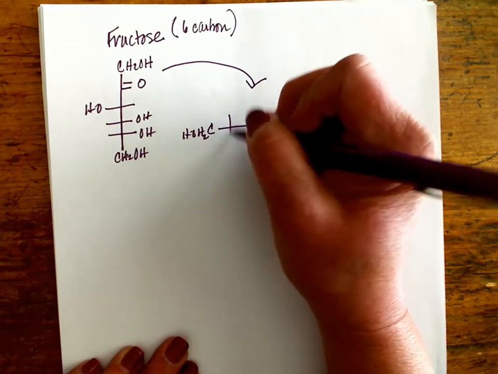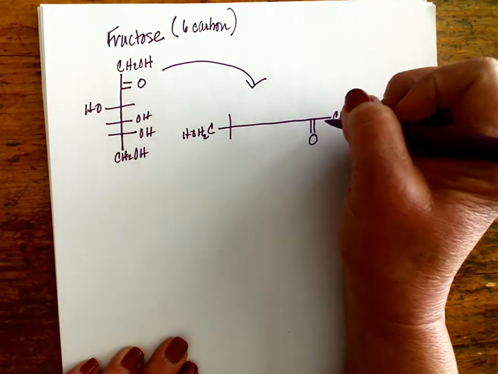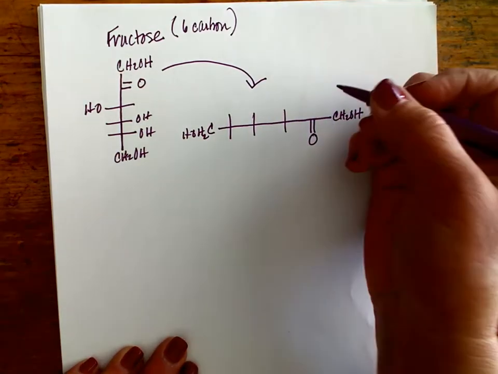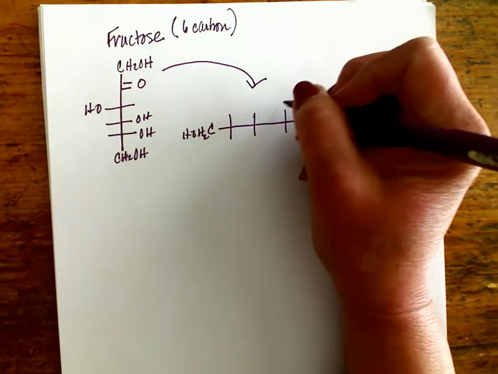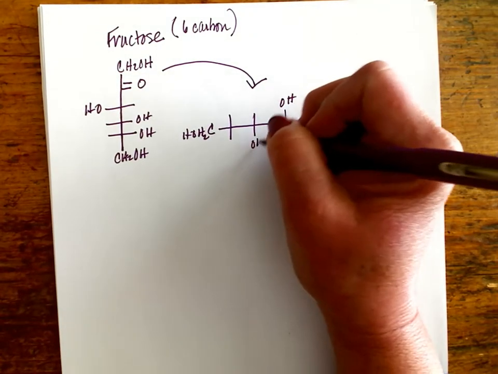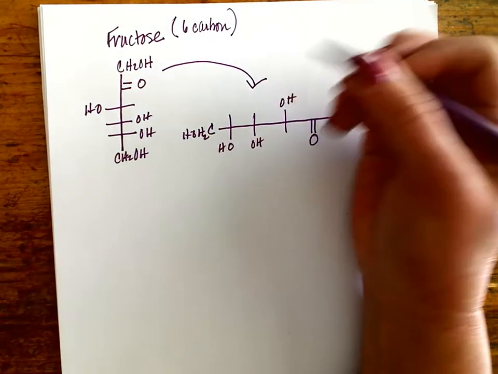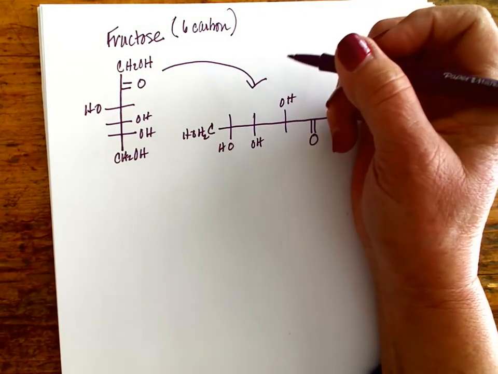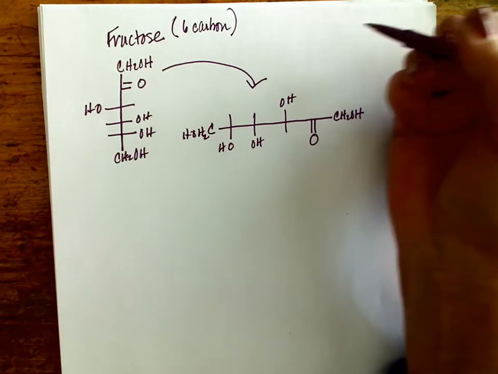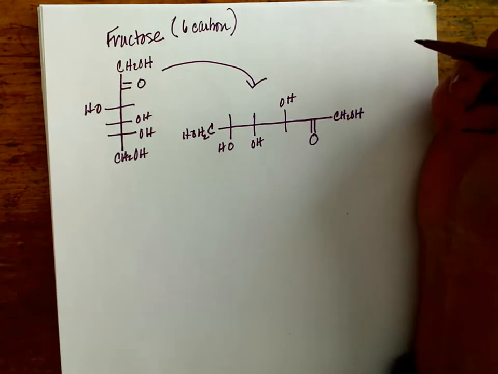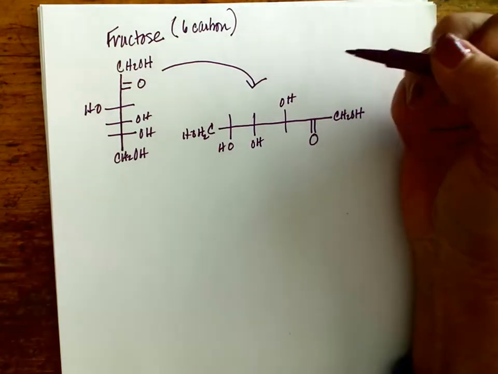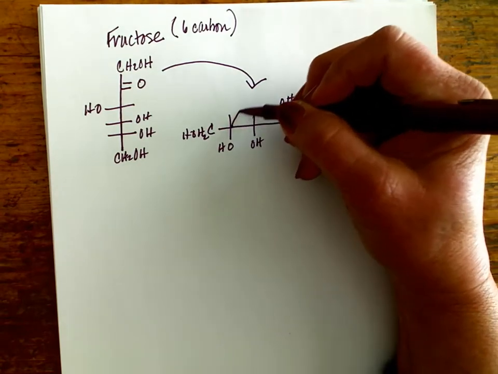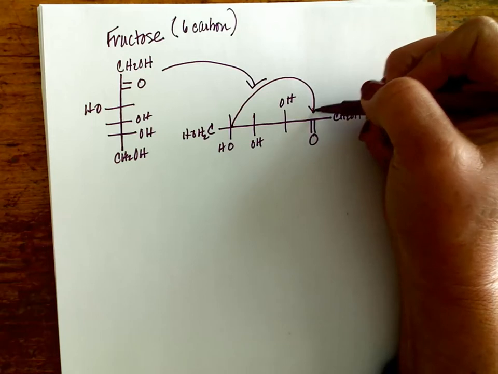Sorry, I misspoke there. Let's see, 1, 2, 3, 4, 5. Again, we're going to have these guys. There is going to be that rotation of carbon 6, similar to what we just saw in the cyclization of glucose, but again, it is carbon 5, or that hydroxyl group, that will react with the carbonyl at C2.